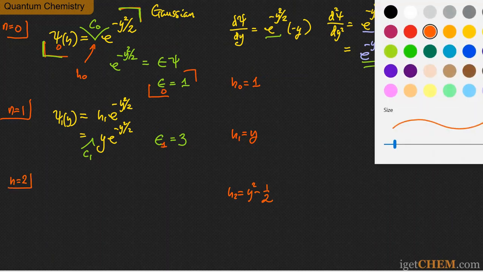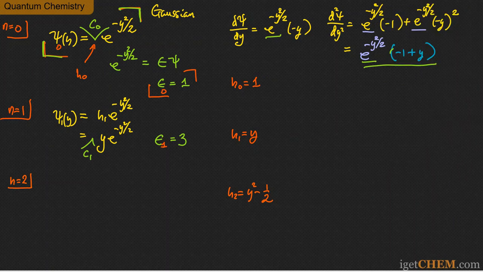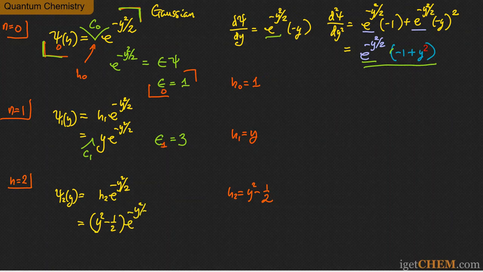So the corresponding eigenfunction psi 2 of y is equal to h2 times e to the minus y squared divided by 2, and that is y squared minus 1/2 times this Gaussian.